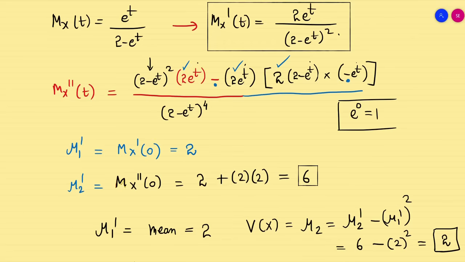Okay, now let me go for the problem on continuous random variable. Then we are confident to do whatever problem comes for our examinations. Okay, I am choosing a problem for you guys.